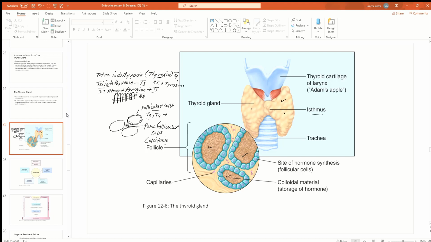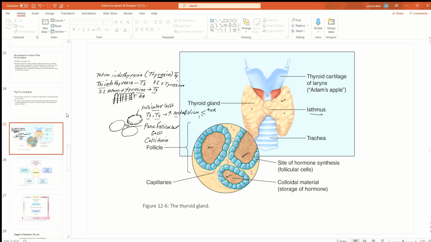T3 and T4 increase metabolism in the body. Okay, increases metabolism. And if T3 and T4 are secreted more, then metabolic activities in your body will be more, right? So that will cause what? You all know when metabolism increases, the heart rate increases, right?